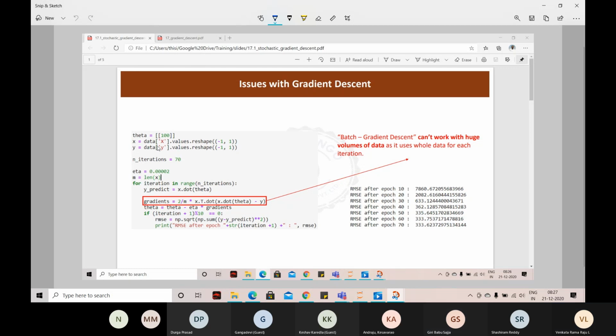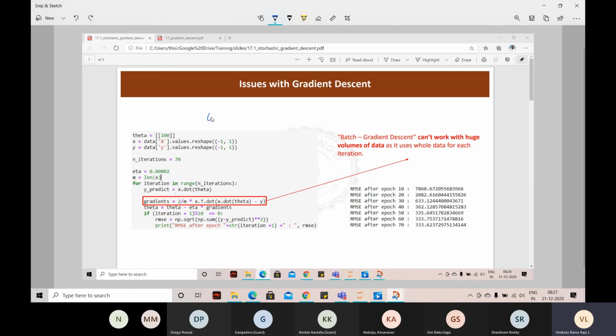Data of X is a series object, and data is a data frame. Dot values is going to be a NumPy array, and reshape is anyway going to give a NumPy array. So when I did X dot theta, what is X here? It's a one-column matrix, a two-dimensional matrix.